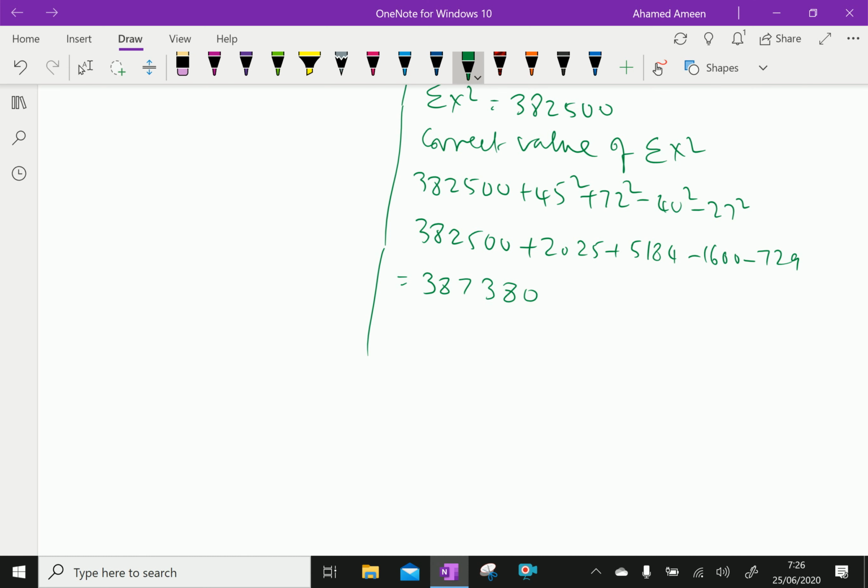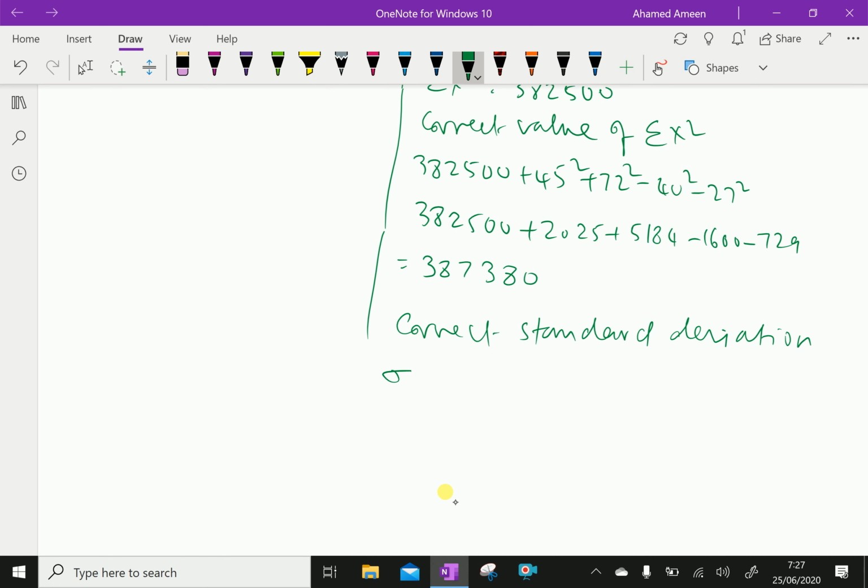Now the correct standard deviation, the new correct standard deviation sigma, is square root of 387380 over 100, that is the number of items, minus 60.5, the new mean, the square.